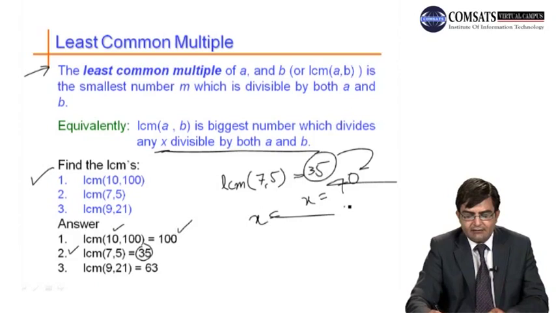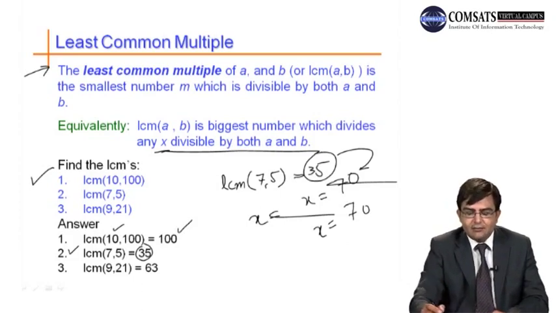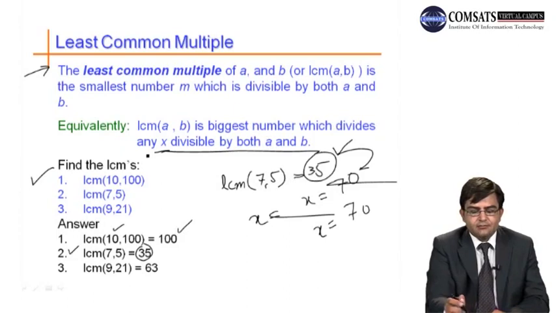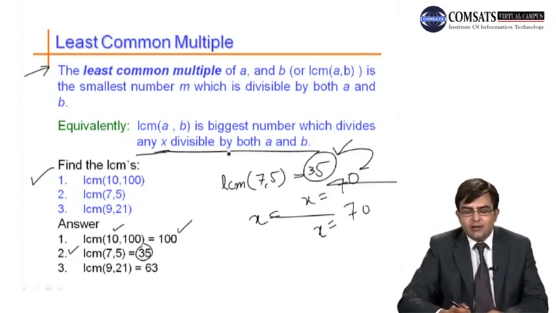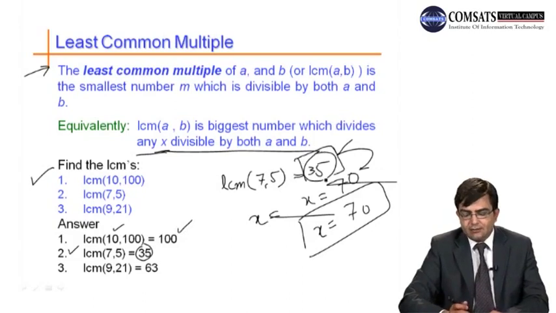So the LCM is basically the biggest number which divides any x which is divisible by both a and b. So if we take x as 70, the LCM is basically the biggest number which divides 70.